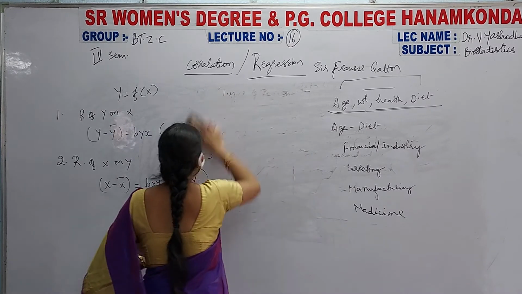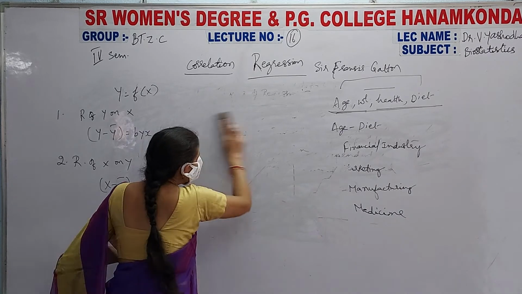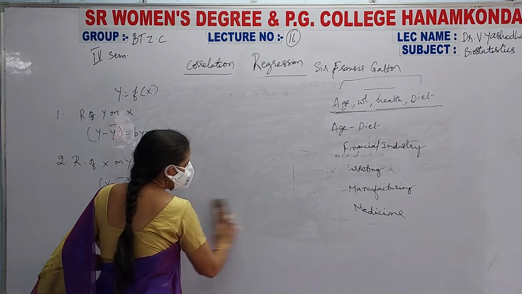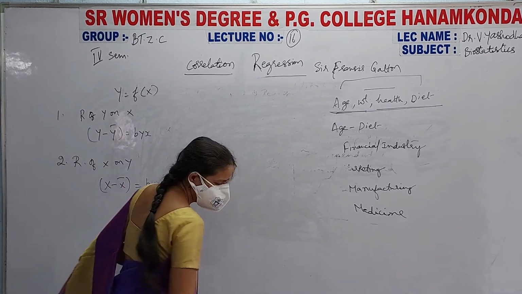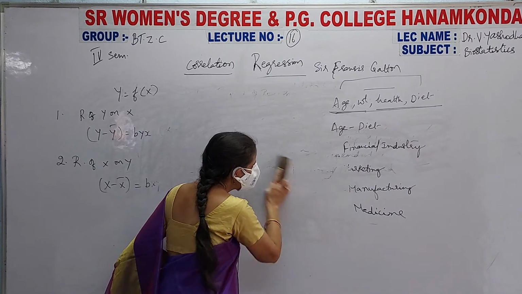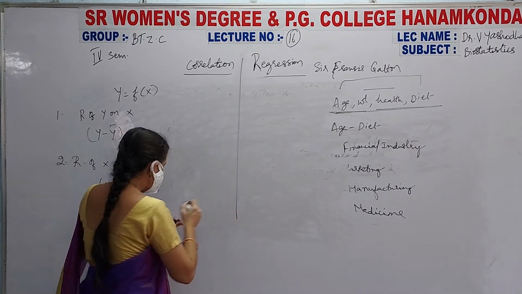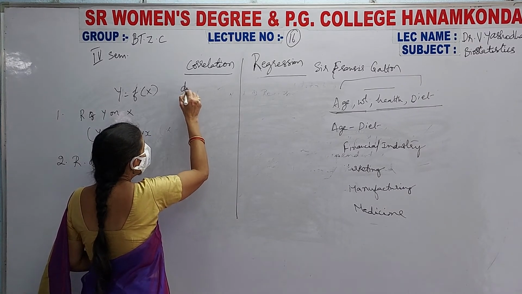సీ హియర్, ఇక్కడే గీసేసి చెప్తాను నేను. ఓకే, సీ హియర్, see here, in this correlation is degree of relation.